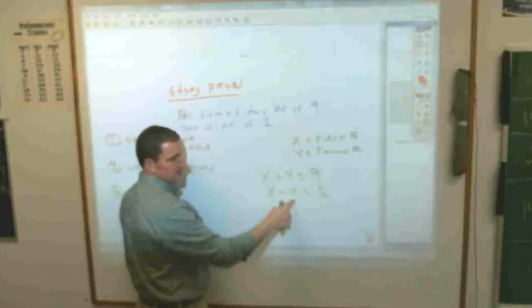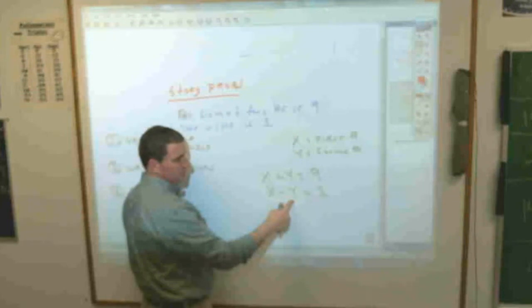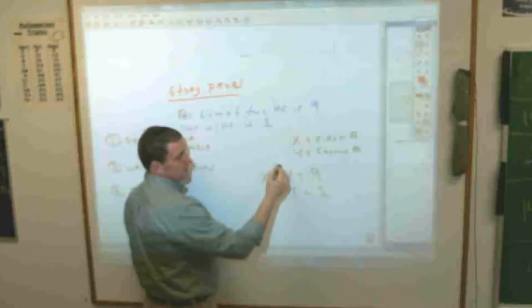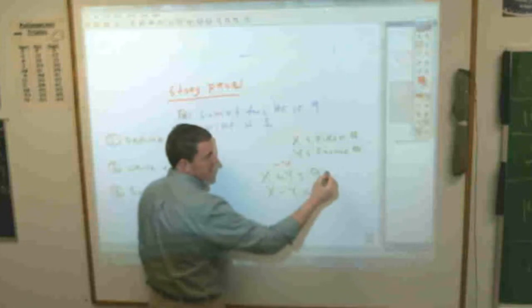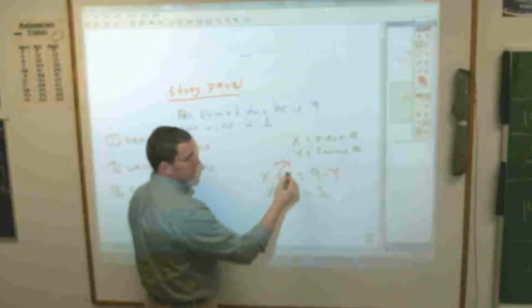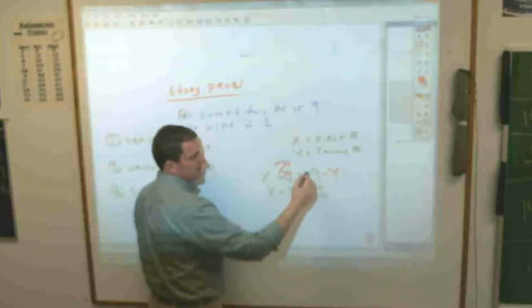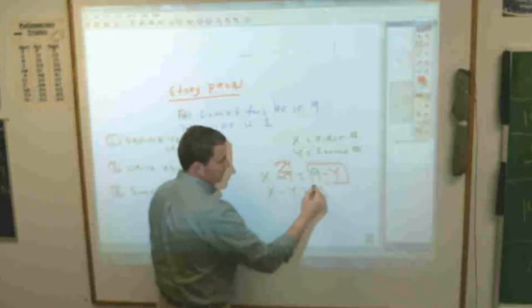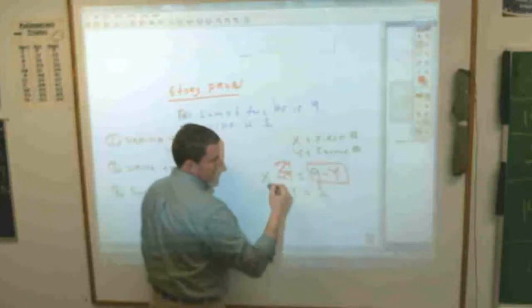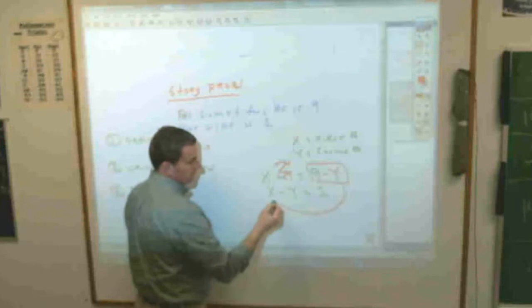The only one I wouldn't say is solve the bottom one for negative y, because you just don't want your variables to be negative. So I'm going to subtract y over here. My new equation is this: x equals 9 minus y. Put that in for x down here on the bottom.